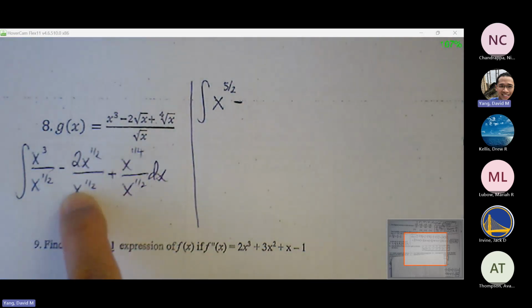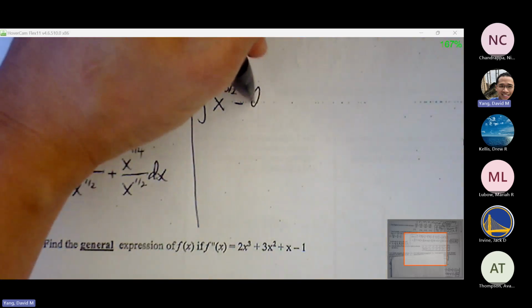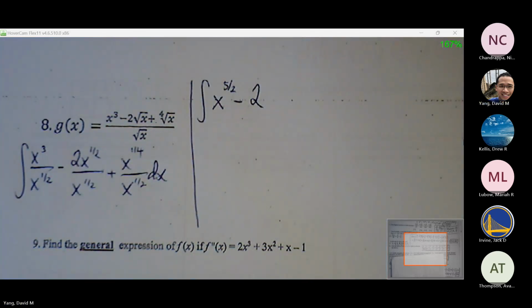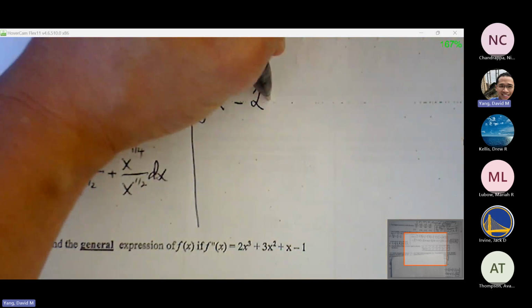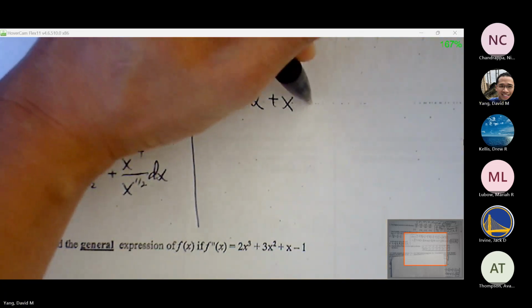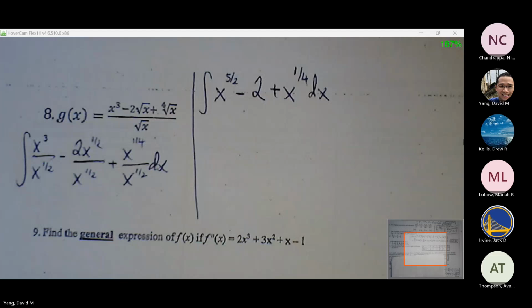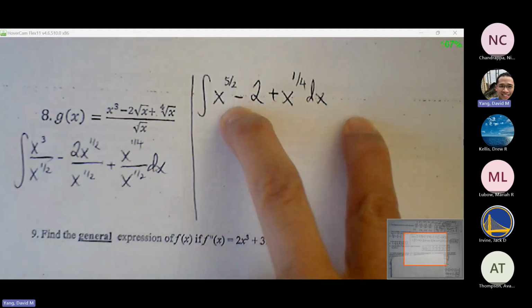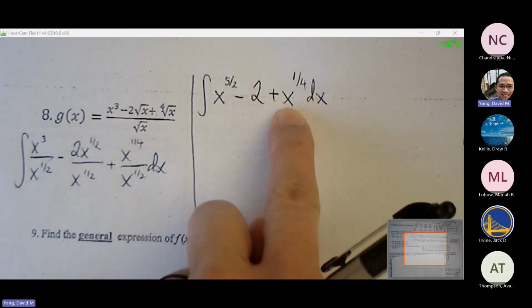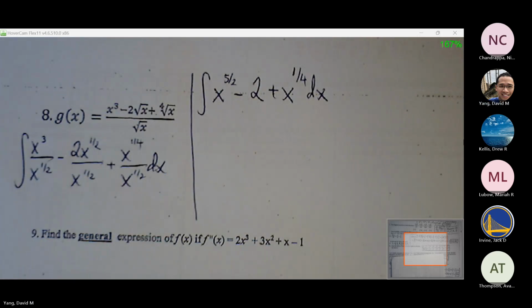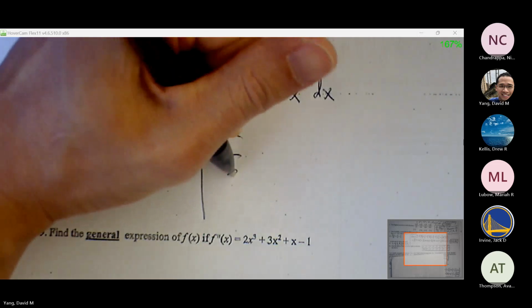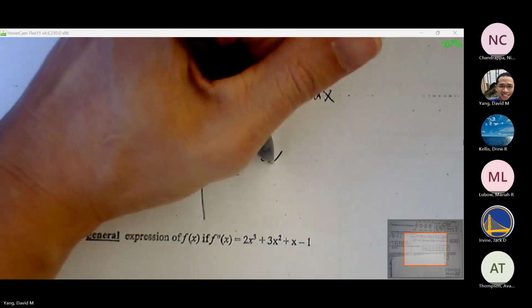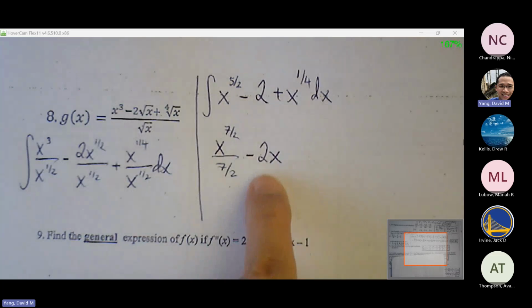Here, these are the same terms. These just cancel out. The only thing I have left is just a 2. And here, 1/4 minus 1/2 is the same thing as 1/4 minus 2/4, which is negative 1/4. Every term is ready for power rule. I can apply power rule to each term now. Constant goes to a degree 1.